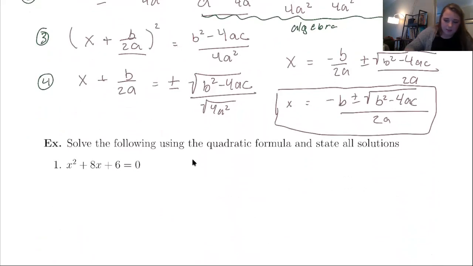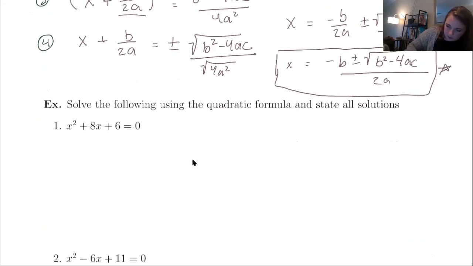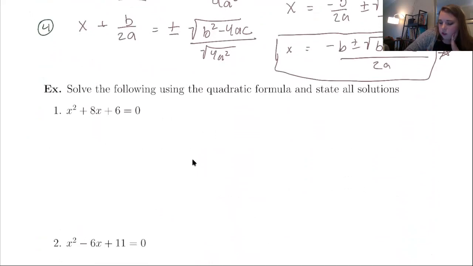So you see how they work. Great. You guys are asking for practice, so let's do some practice. All right. What pen was I using? So I have my quadratic formula right here. So using the following quadratic formula, state all of the solutions. How many solutions am I going to get for a quadratic? Two. At most two.